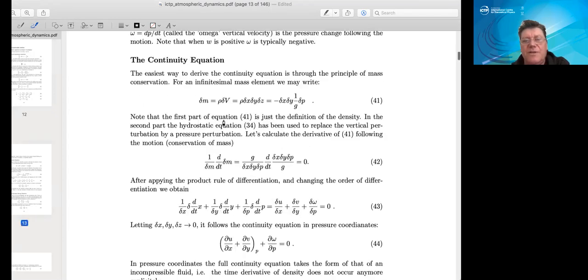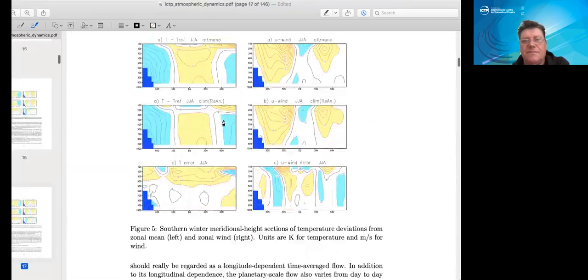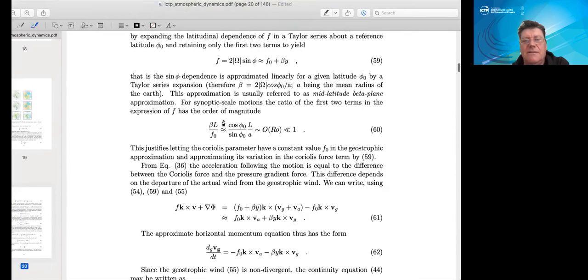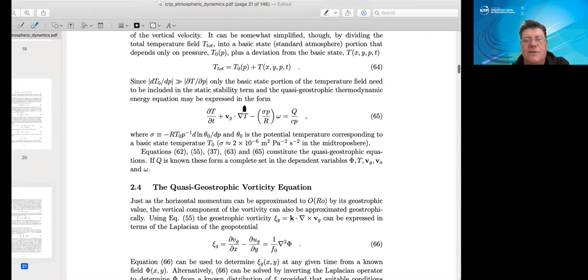That's what we do. So we insert the hydrostatic equation in our thermodynamic equation, and we get here, we insert this here. We set this term to 0.